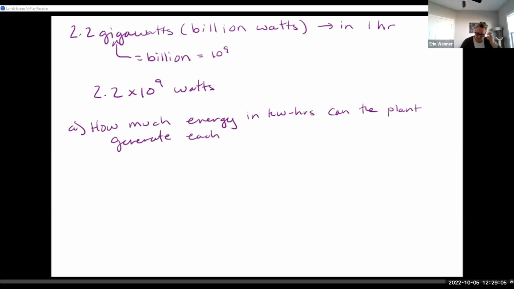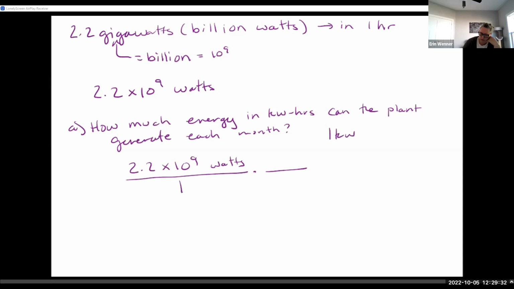So we are given how much it can generate in watts, but we don't care about watts. They care about kilowatts, right? So that means we need to take our 2.2 times 10 to the 9th watts, and we're going to convert it to kilowatts. Now remember, 1 kilowatt is equal to 1,000 watts.